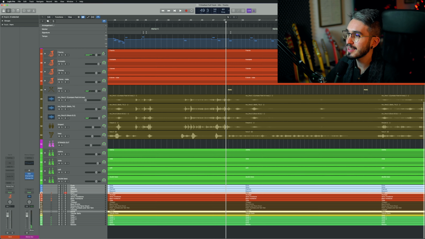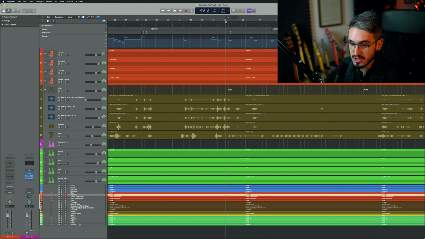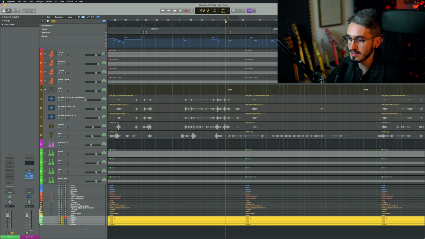I don't know, there's something about a closed mic recording of the woodwinds that gives it a very retro kind of sound straight away. It's really, really cool. So let's play the rest of the instruments. Let's play the string section in whole, and then maybe the rest of the brass.